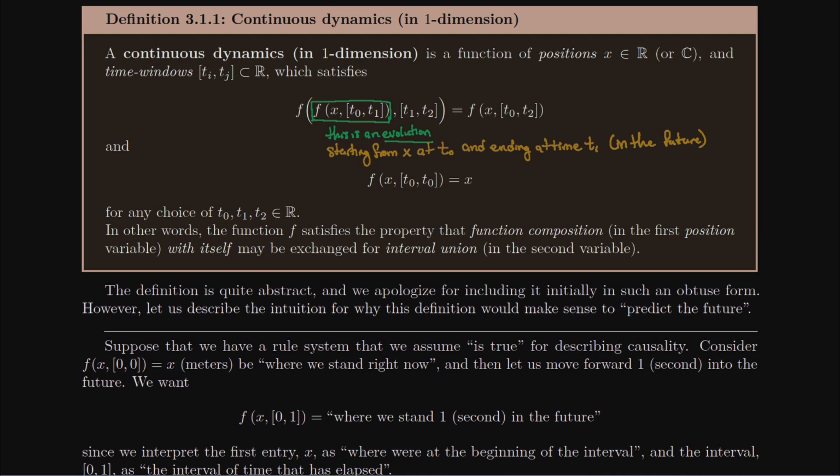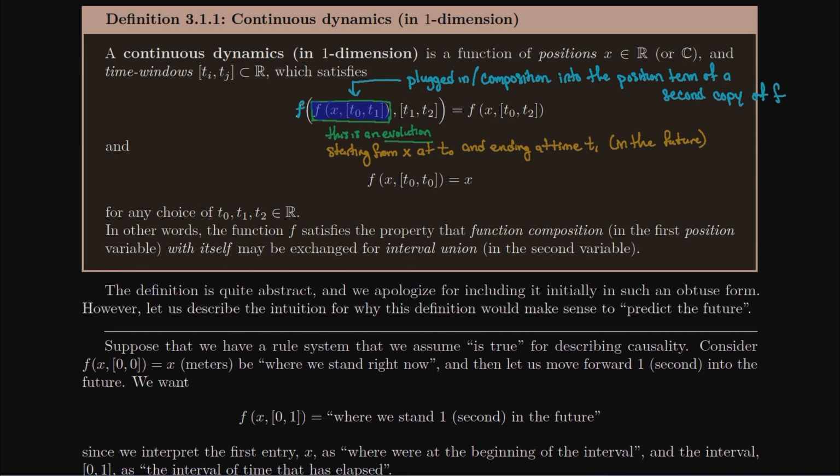Okay, so my function has to satisfy that it evolves time a little bit. But what I have done is I've taken my entire function, which has evolved into the future up to time t1, and I've plugged it in, or if you remember this word, function composition, it's been composed into the position term of a second copy of f.